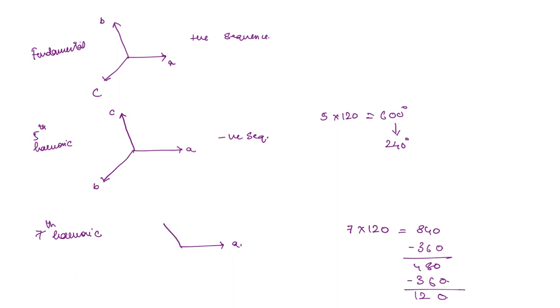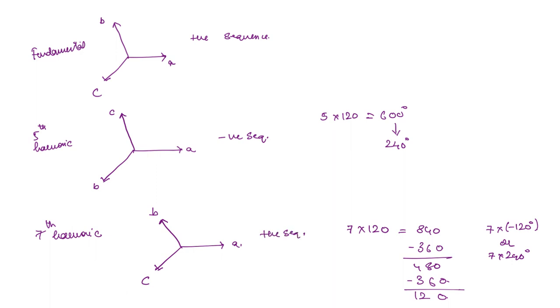So B phase is going to come here. Similarly, how will you calculate C phase? 7 into minus 120, or you can take 7 into 240, and in a similar manner you are going to get 240 or minus 120. So this is once again a positive sequence.